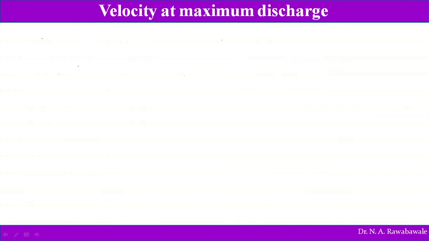So we have obtained one equation for velocity v2. v2 is equal to square root of, equation number 5 that we have derived in previous lecture, 2 divided by n minus 1 p1 v1 bracket 1 minus p2 divided by p1 to the power of n minus 1 divided by n.